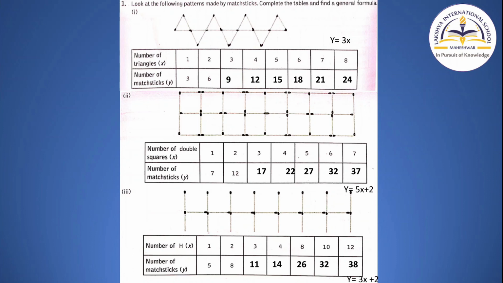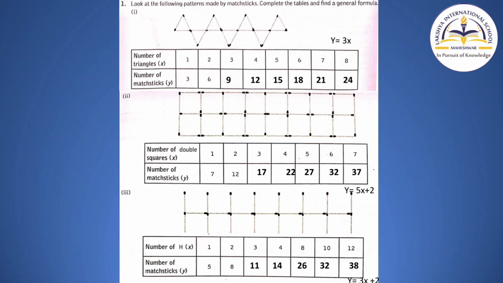Now what is the thing? You have to find the general formula. What will be the general formula? y equals to 3x, where y is the number of matchsticks and x is the number of triangles. So this will be our general formula.